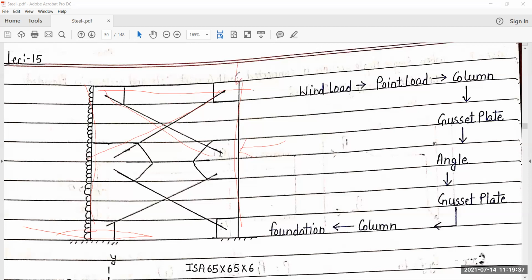Column, column, the gusset plate, this is the gusset plate, the angle, gusset plate, column, and the foundation. All will be distributed on the foundation. That is very important.